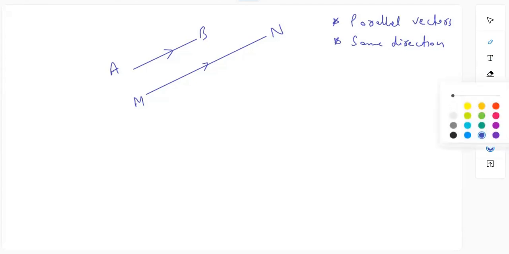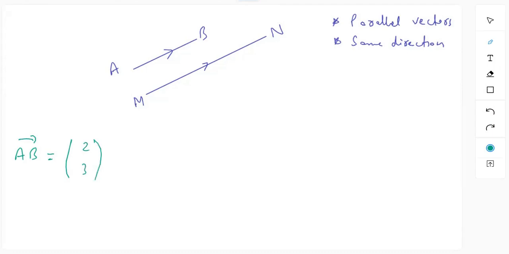Let's say हमारे पास AB vector. AB vector यहाँ पे हमारे पास होता है 3 and 2. We're going 3 units right, and then 2 units up. Okay, that's what we have there. So what about MN?